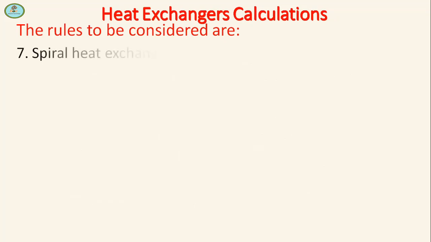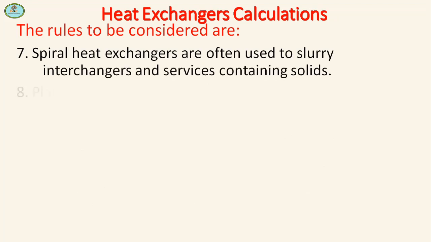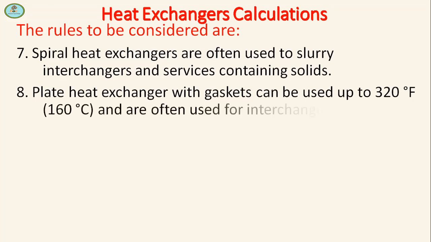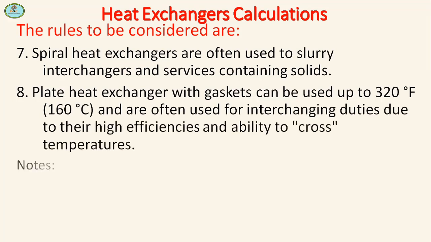Spiral heat exchangers are often used for slurry interchangers and services containing solids. Plate heat exchangers with gaskets can be used up to 320°F and are often used for interchanging duties due to their high efficiency and ability to handle temperature crosses.